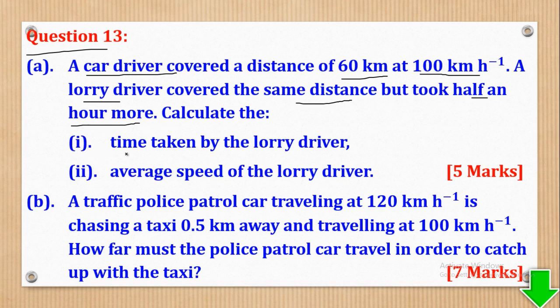Calculate, Roman 1, the time taken by the lorry driver, and Roman 2, the average speed of the lorry. Then part B says that a traffic police patrol car traveling at 120 kilometers per hour is chasing a taxi 0.5 kilometers away and traveling at 100 kilometers per hour. How far must the police patrol car travel in order to catch up with the taxi?